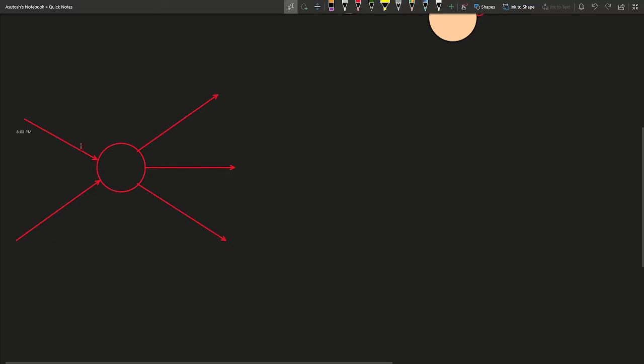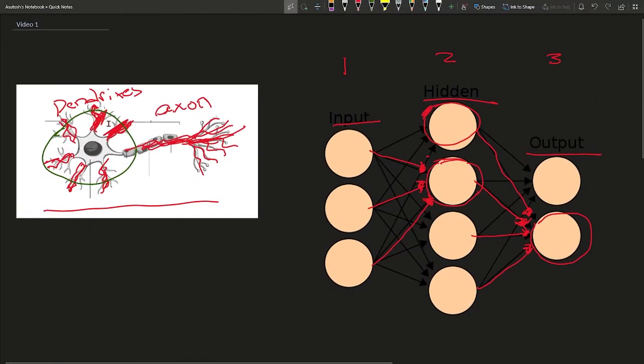We see that there are two connections coming into it, so we already know from the start that there are two neurons in the layer behind it, and there are three connections leaving it, so we already know that there are three neurons in the layer in front of it. We also know that these three connections leaving it are all going to be the same because they're all the same output value, as we discussed earlier in this image.